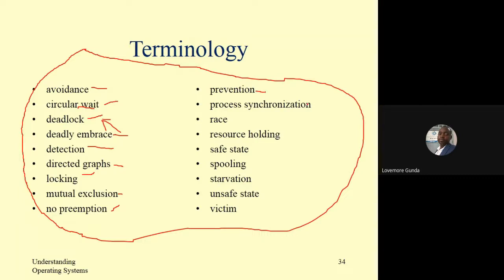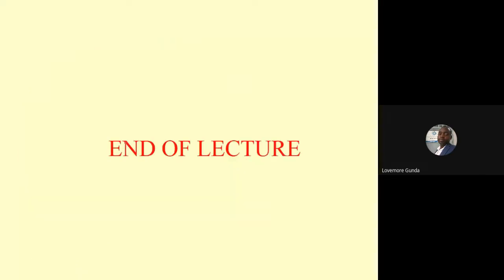Prevention of a deadlock, process synchronization, race conditions, resource holding, safe state and unsafe state, Banker's algorithm, spooling, starvation, victim. Those are some of the terms which we use when we are describing process management in terms of deadlocks and starvation. So that leads us to the end of this lecture for today on process management.